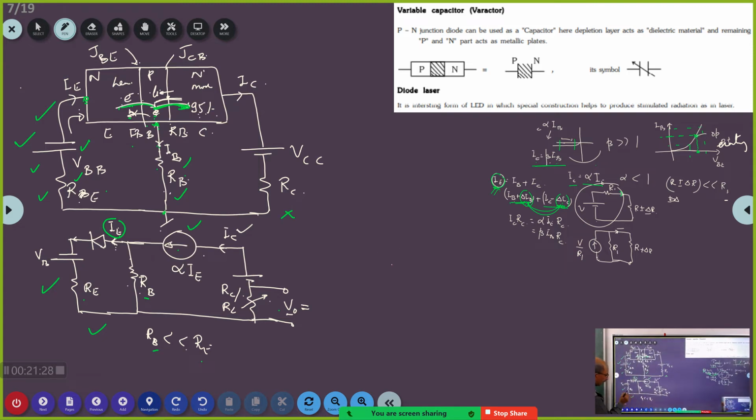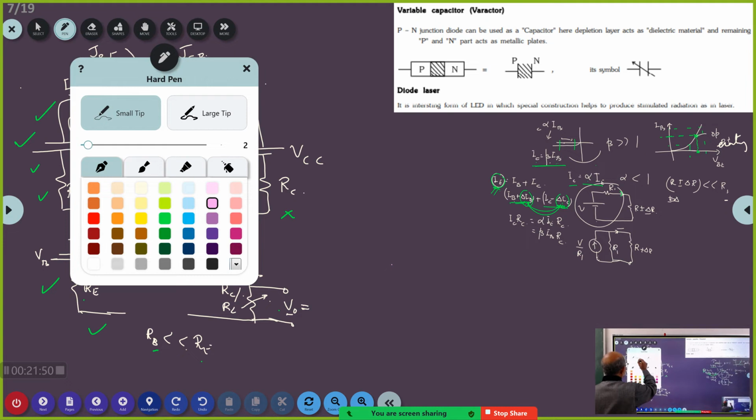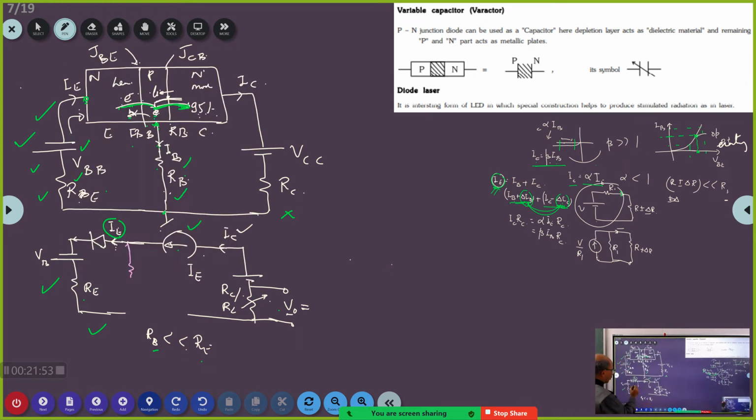I am going to add here a signal source, a very small signal source.